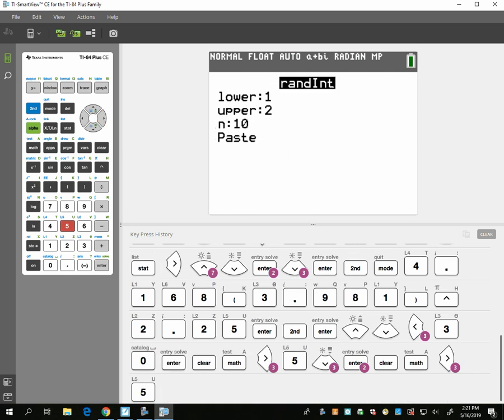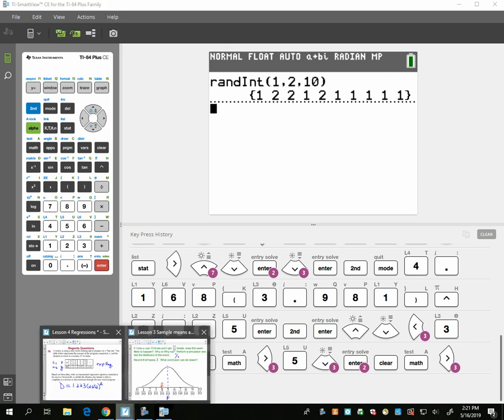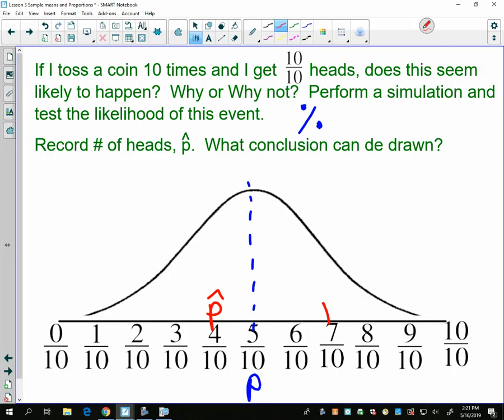Probability, rand int, 1. Okay, now let's do this one. We'll just do another p hat. 1, 2, 3, 4, 5, 6, 7. Okay, 7. So there's another p hat.